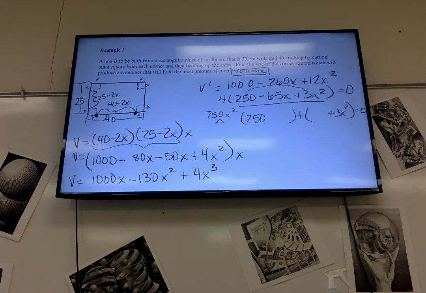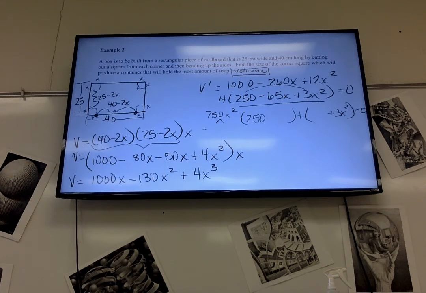So I need two numbers that multiply to give me 750 and add to give me negative 65. 250 times 3 is 750. They both have to be negative.